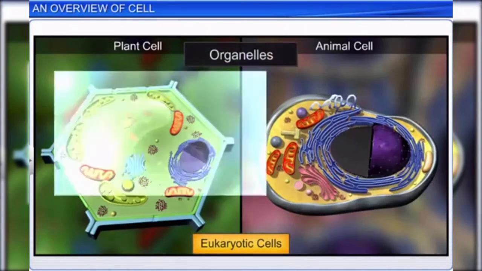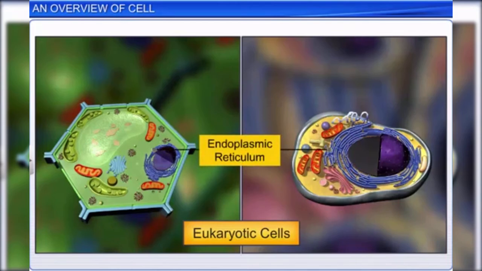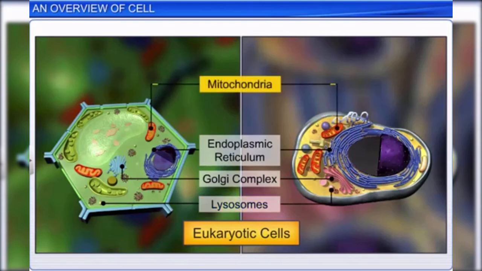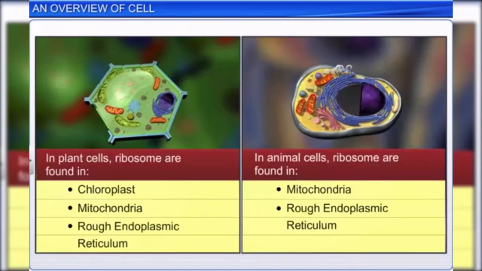In eukaryotic cells, we find membrane-bound organelles such as the endoplasmic reticulum, the Golgi complex, lysosomes, mitochondria, microbodies, and vacuoles, as well as non-membrane-bound organelles such as ribosomes. Interestingly, ribosomes are also found in chloroplasts of plant cells as well as the mitochondria and rough endoplasmic reticulum of both plants and animals.